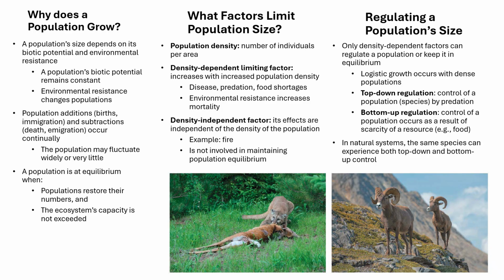So what limits population size? The first thing that limits the population size is the population density, or the number of individuals per area. If you have too many individuals of the same species, they won't find any place to live. They won't find a good habitat.